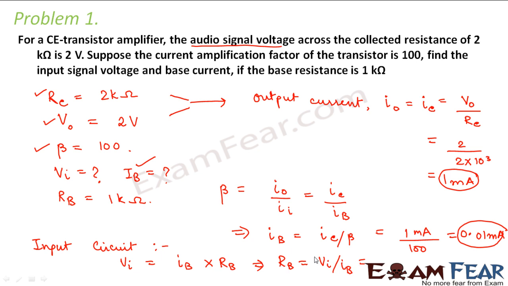I'm sorry, the input resistance was already given. I had to calculate input voltage. So input voltage will be equal to IB into RB. What is IB? 0.01 milliampere and RB is equal to 1 kilo ohms. So input voltage comes out to be 0.01 volts.